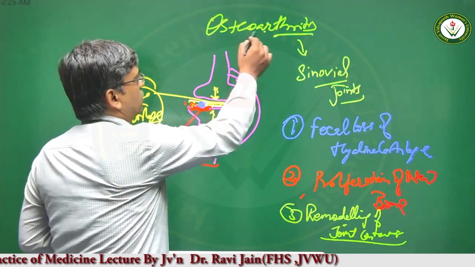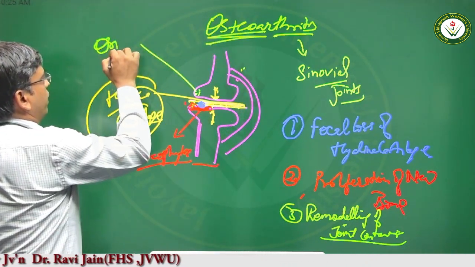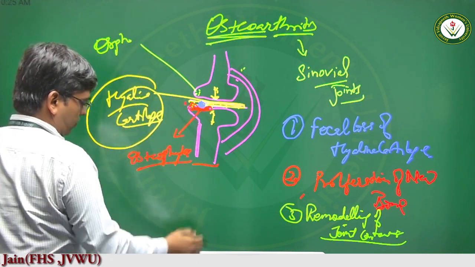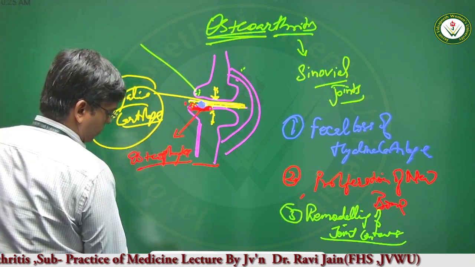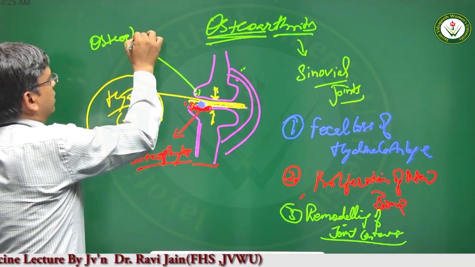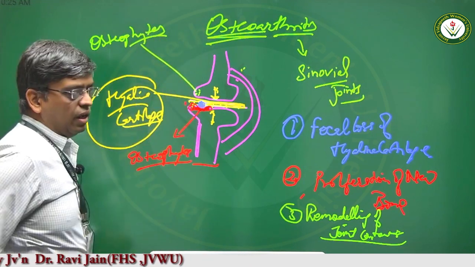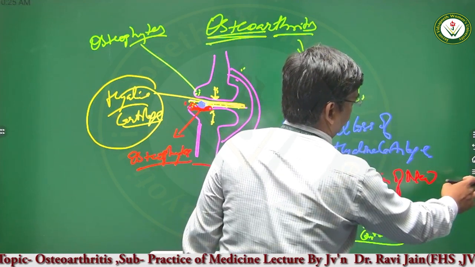Now why is it known as osteoarthritis? Because of the formation of osteophytes in the joint. Let me show you the mechanism using a PPT.